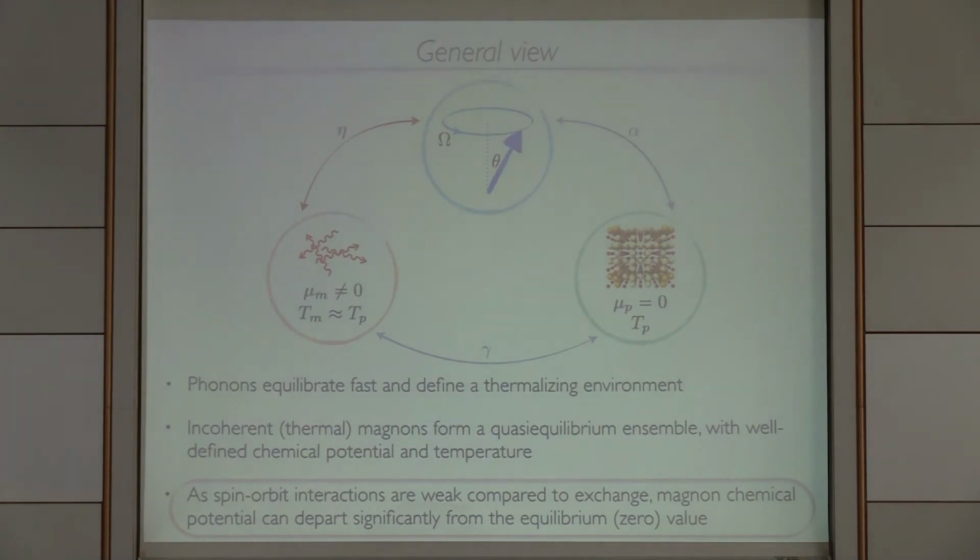The fact that the incoherent magnon gases can be driven far out of equilibrium in terms of not just effective temperature but the chemical potential, that is the novelty, I would say, of the materials that we're interested in our field, and the fact that materials with low enough spin-orbit relaxation, long enough magnon lifetimes exist that we can speak of non-zero chemical potential. That basically is the foundation of everything I'm going to tell you today.